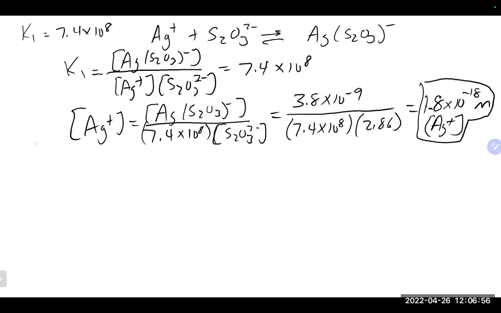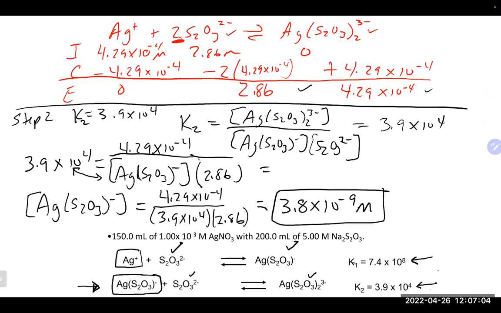Now, you may be saying, couldn't we just have kind of used the overall equation and the equilibrium constant that we calculated? And the answer is yes, we could have at this point went into the equilibrium expression for the overall reaction.